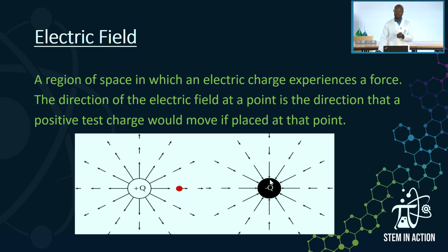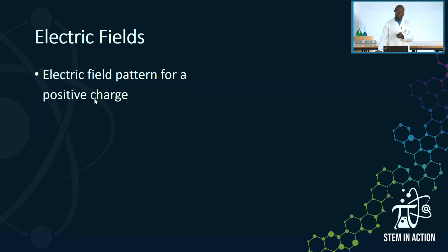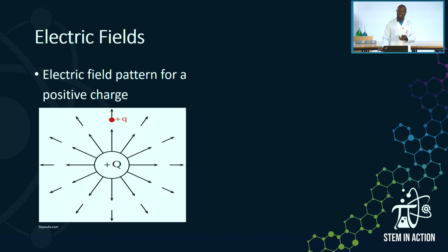So we can draw up electric field patterns for a positive charge, and they're going to look like this. Basically, the electric field lines are going to be moving away from the charge, pushing the test charge away from the charge. You need to be able to draw these electric field patterns.